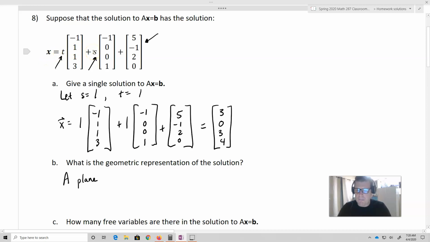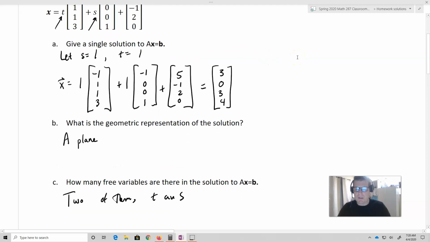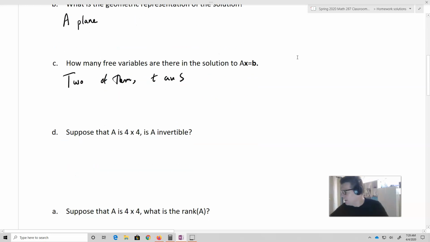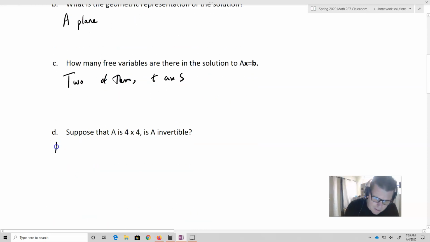So if A is 4 by 4 and it has two free variables, that tells me something about the matrix. So we're going to say, let's say Ax = 0 has two free variables because Ax = b has two free variables.